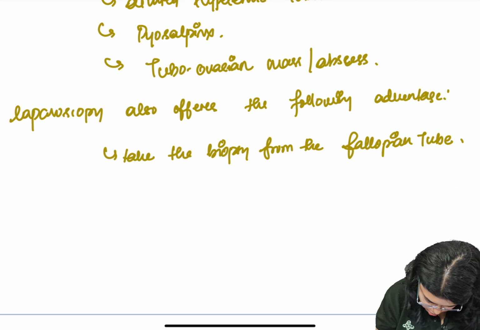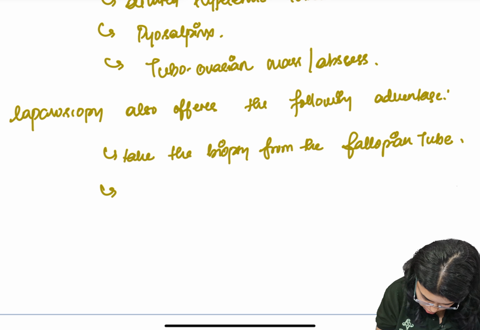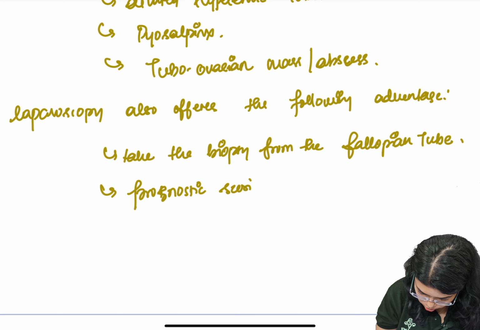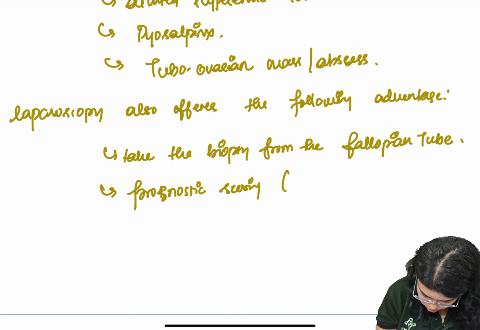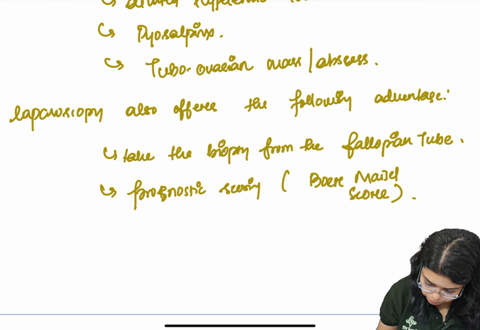And prognostic scoring for fertilization can be done. That is called the Bruhat-Mazer score.